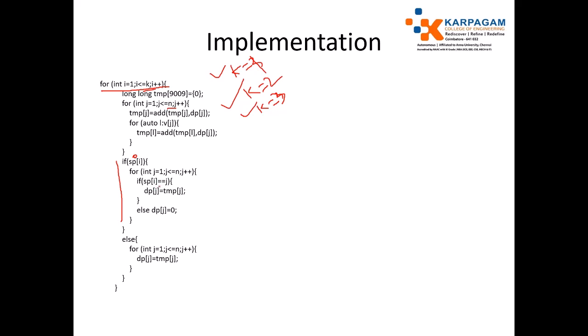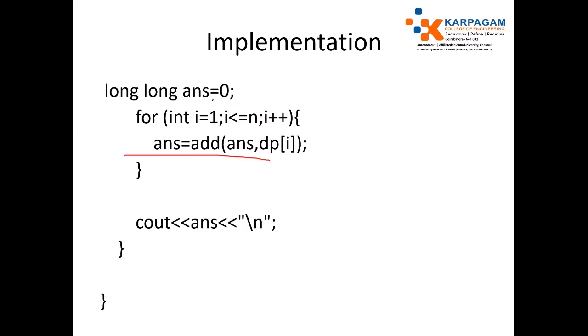If it is so, it will record DP of i j equal to 1. Otherwise, just set DP of i j equal to 0. Finally we are adding the result which is available in the DP array.